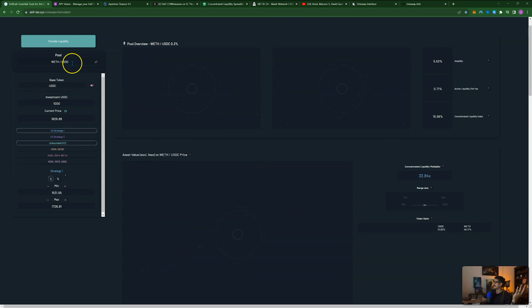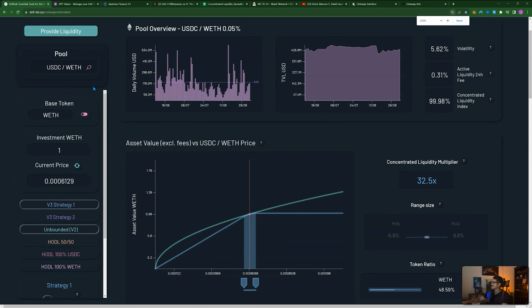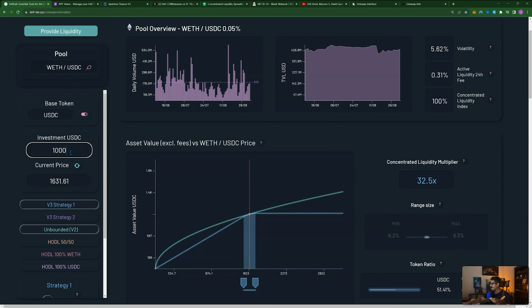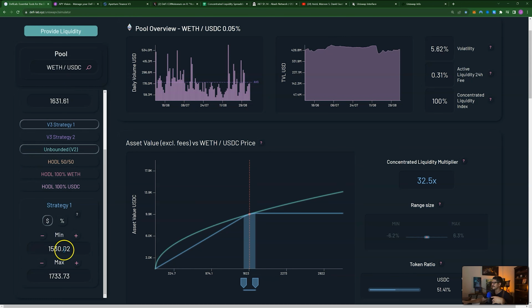So say I'm on Ethereum. I like to farm Ethereum USDC pools. You select that. You can switch the base token between USDC and ETH. Let me zoom in here a little bit so you guys can see. Pop in how much you're going to invest, right? Like say 10 grand, current price 1630. And then here's where you set up your ranges, right?